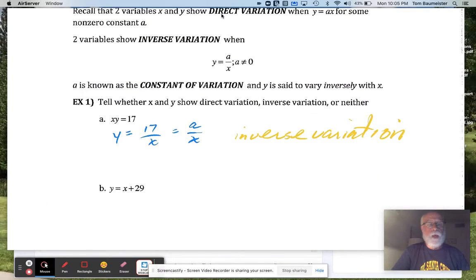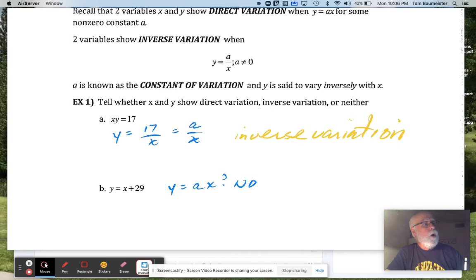All right, so now the next one says y is equal to x plus 29. So again, let's just think. Can you write that as y is equal to a times x? And you would say no, because we have a plus sign in between.